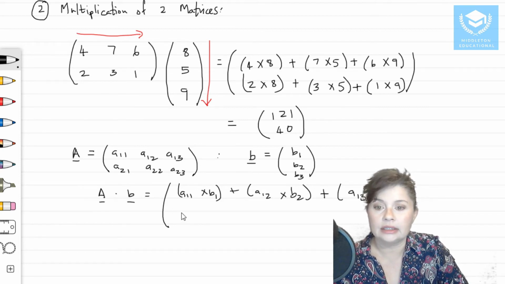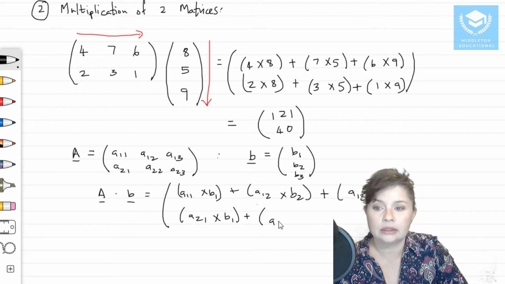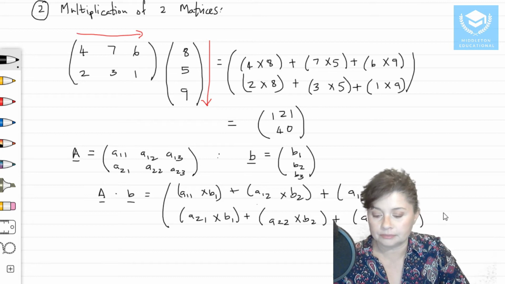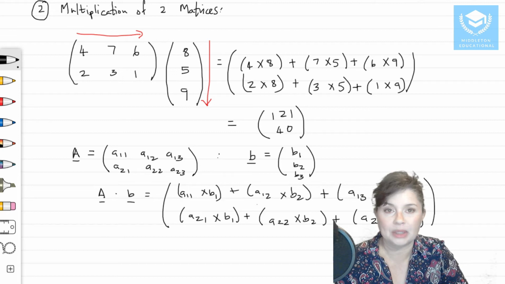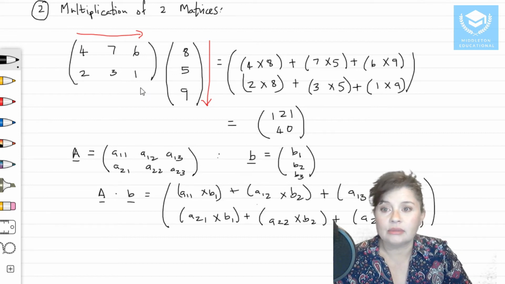The next row is going to be A21 times B1 plus A22 times B2 plus A23 times B3. That's what it's going to look like. This is multiplying a matrix by a vector.